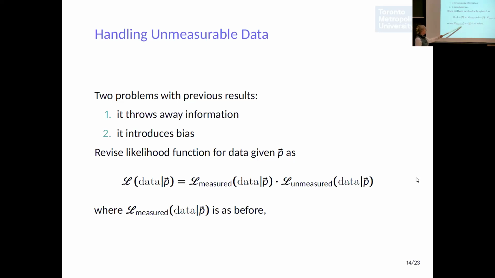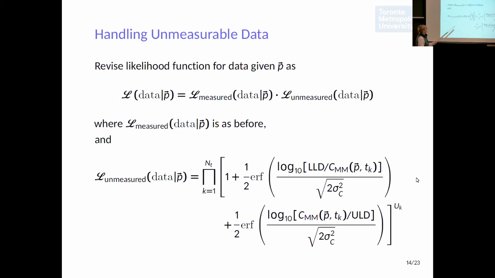So what is that likelihood for unmeasurable data? This one is the same as before, but we need to create a new piece here, the likelihood for unmeasurable data. And basically it is the probability that you have a mouse that at that time has a tumor that is below the lower limit of detection, plus the probability that you have a mouse that at that time, TK, has a tumor that is above the upper limit of detection, right?